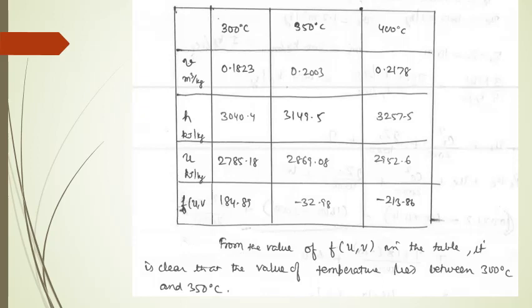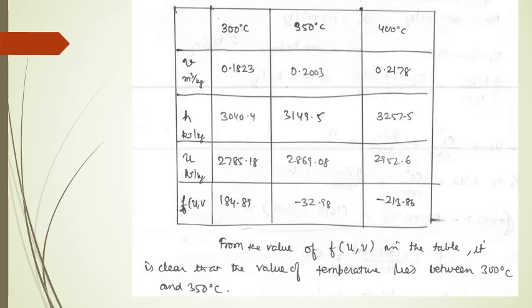Now similarly, we put the value of V and U for 350 degrees Celsius in the expression, and we get the value of f(U,V) as minus 32.98. When the value of the function changes sign, from positive to negative or negative to positive, it means the root of that equation is lying between those two parameters only, that is 300 and 350 degrees Celsius.